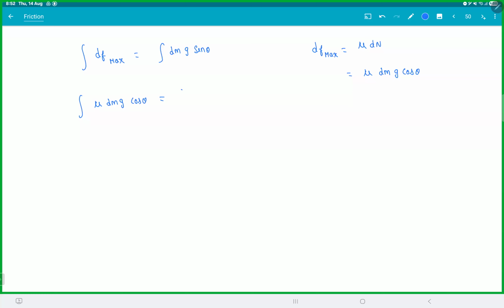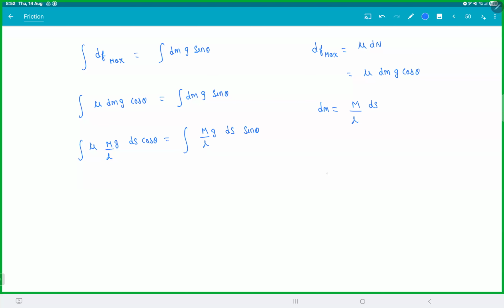This is dmg sine theta. And what is dm? Dm is nothing but total mass by total length into ds, the length of that small piece. How do we get that? Unitary method, right? Total length is mass m, then ds ka mass is how much? This will be mu, this is m by l g ds cos theta. This will be m by l g ds sine theta.